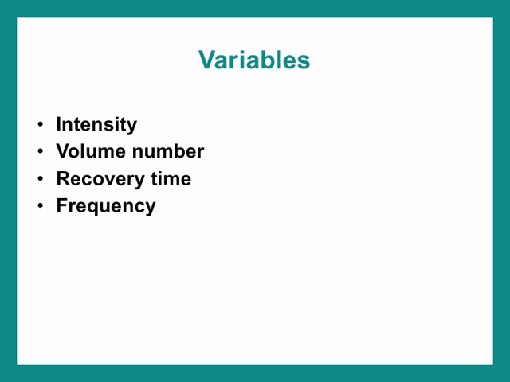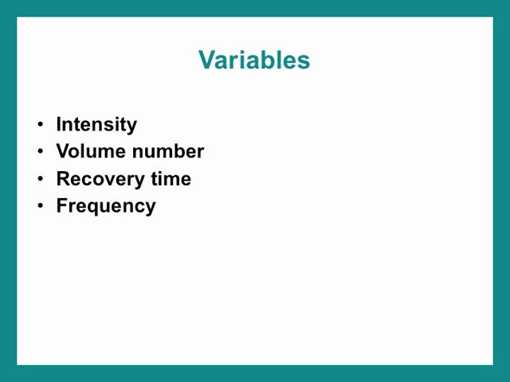Low intensity or beginning plyometrics consists of 60 to 100 contacts per session. Moderate is somewhere between 200 and 250 contacts per session, and then high level volume would be above that 250.